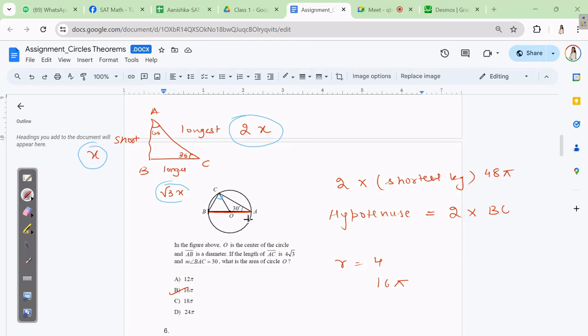So we have two semicircles, and this theorem is really important: the angle in a semicircle is a right angle. So this angle is in a semicircle, and an angle in a semicircle is always a right angle. So that's why this will be 90, and so this one will be 60. Okay.